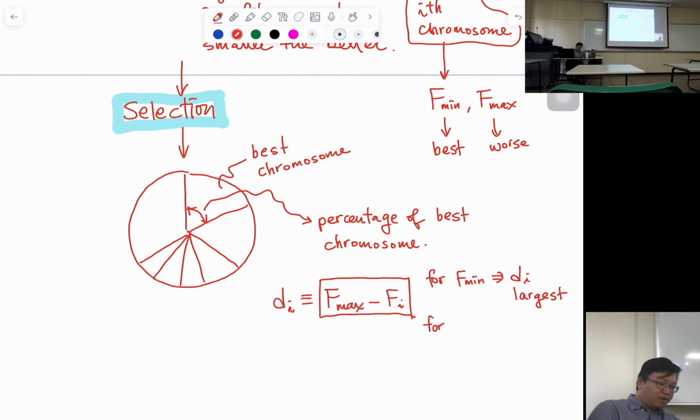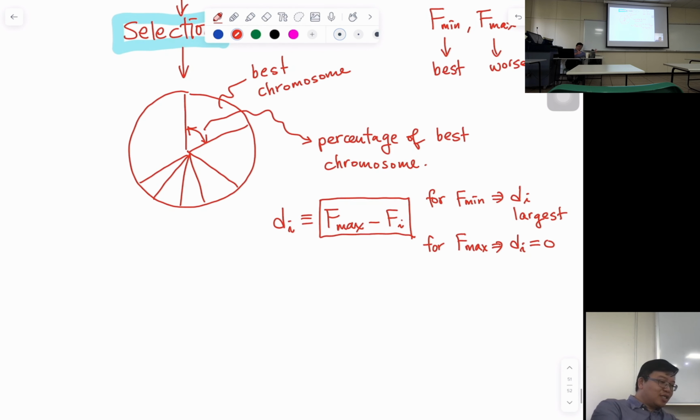For the worst one, Di is 0. So this is one way for you to generate some number. Now larger is better. So if you are a better chromosome, your Di is larger.